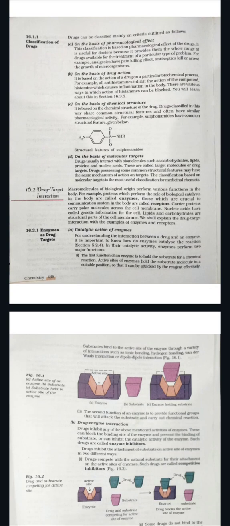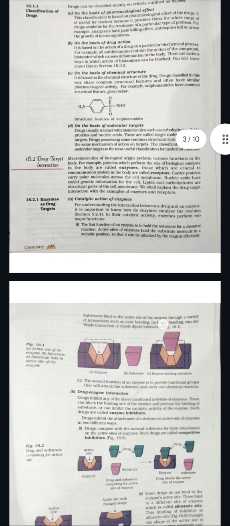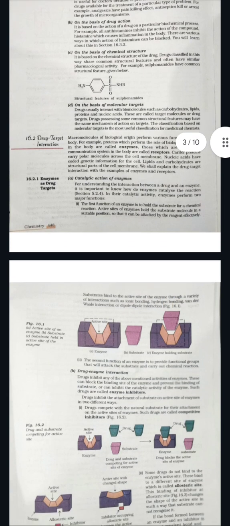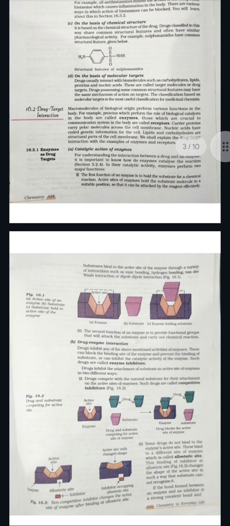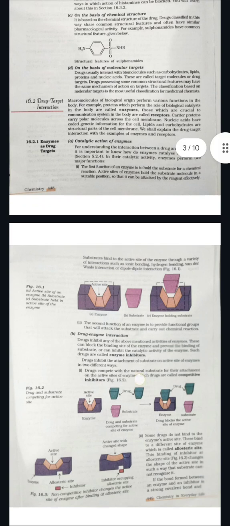Substrates bind to the active site of the enzyme through a variety of interactions such as ionic bonding, hydrogen bonding, van der Waals interaction, or dipole-dipole interaction. The second function of the enzyme is to provide functional groups that will attack the substrate and carry out chemical reactions.